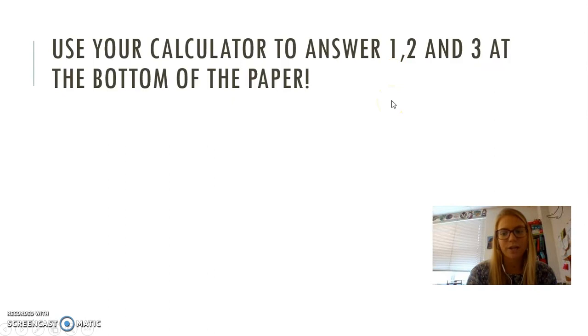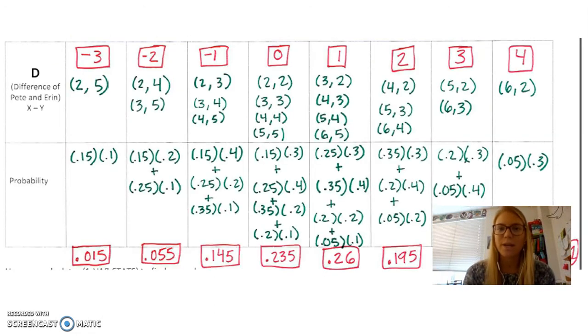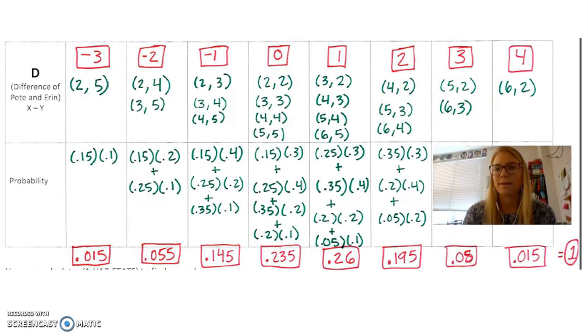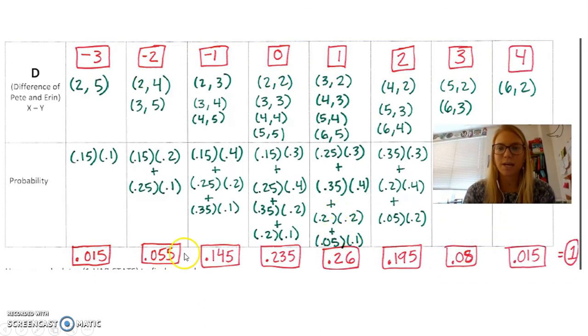Start to be thinking about how we ended up with that mean, and then the standard deviation should seem familiar to you. I want you to think about how we ended up with that standard deviation as well. So again, type these numbers into L1 and L2, and use one-variable statistics to help you get the new mean of the difference and the new standard deviation.